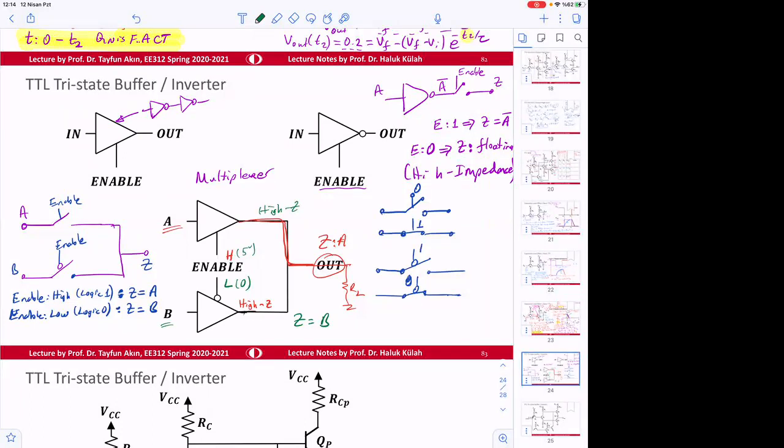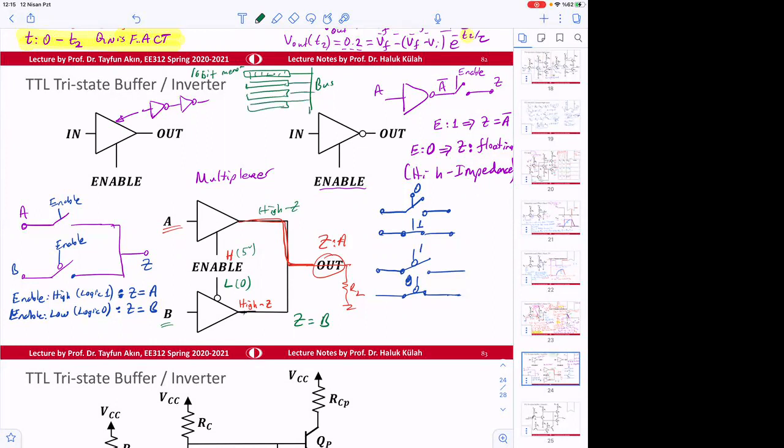In electronics, this is used for the buses. Let's say in a memory element, you have, say, 16-bit memory. For each bit, this is the common bus, and these are many memory elements, all connected here.